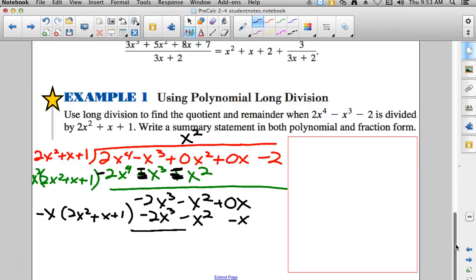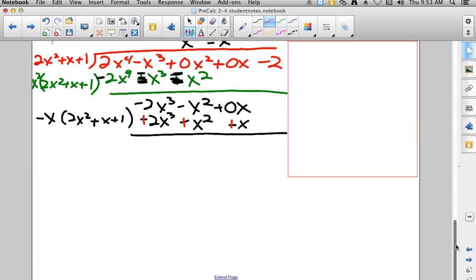Did what we wanted to do. We match with that first term, so we're going to put our little minus x up there. Change the signs and think of it as addition. 2x to the third, gone. That piece is gone, but so is our x squared this time. So we just have an x.